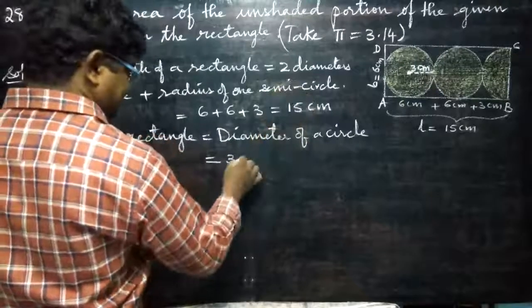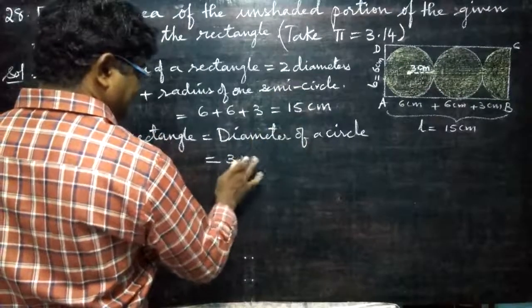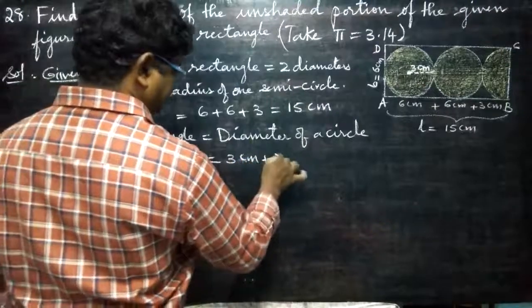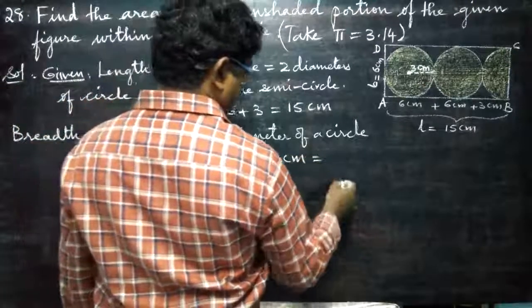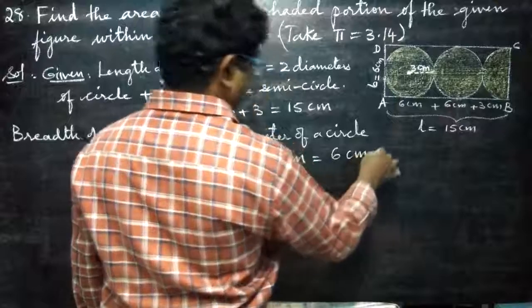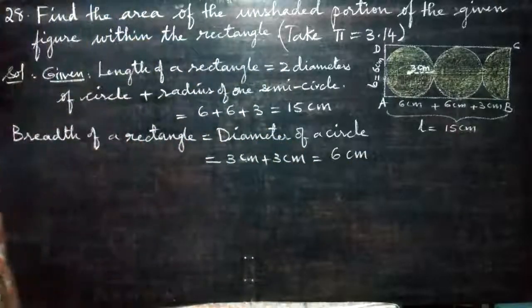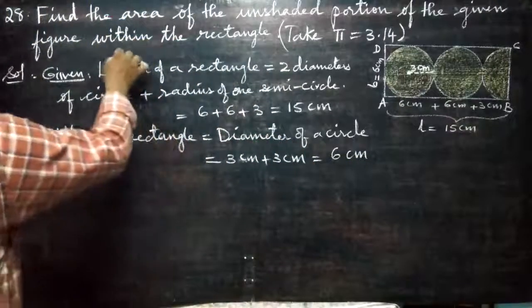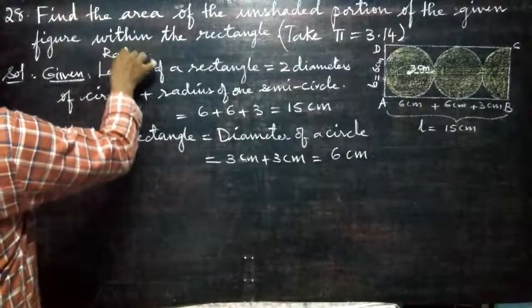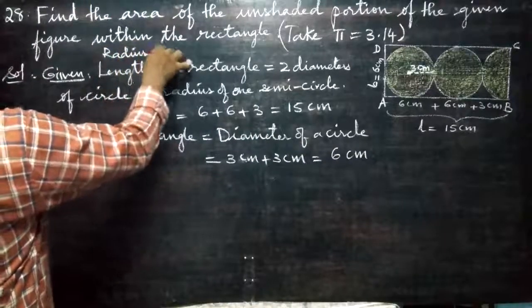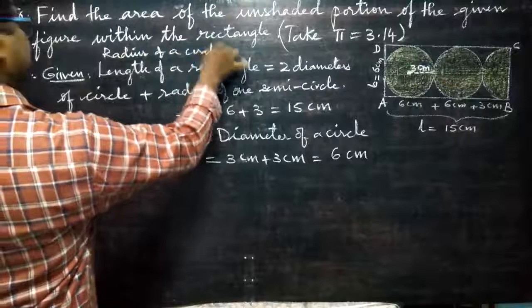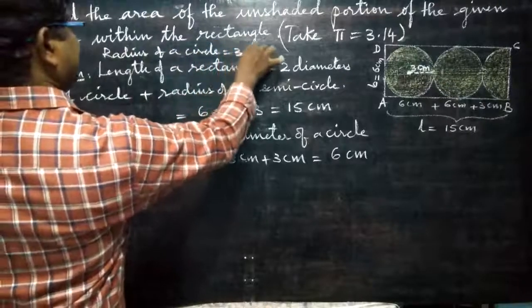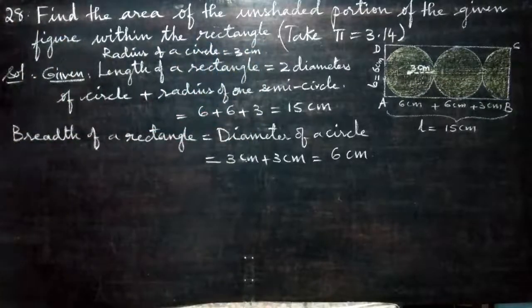Not diameter, radius they have given, 3 centimeters plus 3 centimeters. That is equal to 6 centimeters. What is 3 centimeters? Only radius of the circle they have given. With this we found length and breadth.